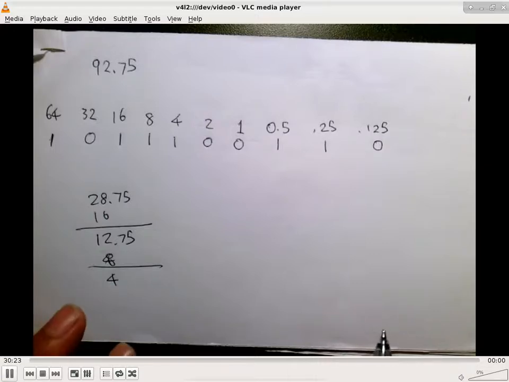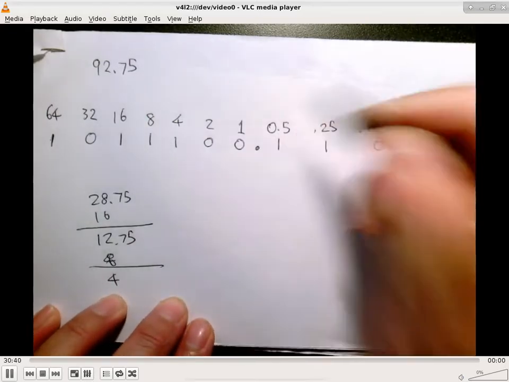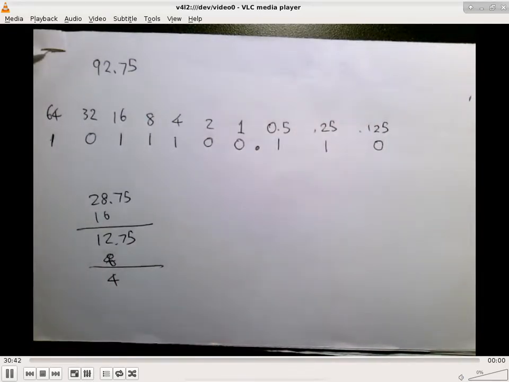Okay? And guess what? You just converted a number from base 10 to base 2. And where do we put that decimal point, or binary point in this case, because it's a binary number? Between, yep, 1 and 0.5, because the binary point or decimal point or whatever base you want to use, the point, is always separating the base to the power of 0 from the base to the power of something that is negative.